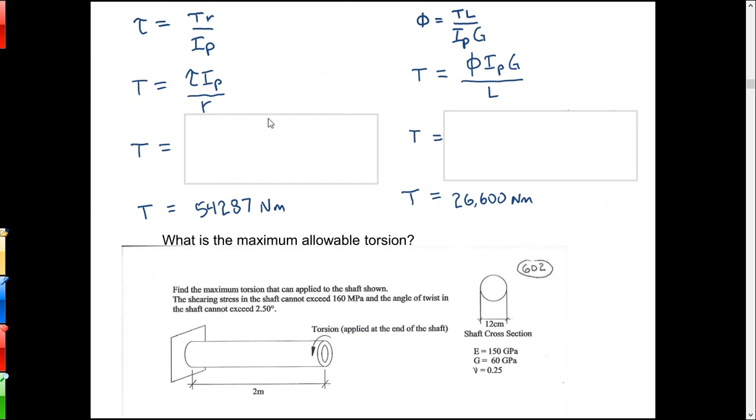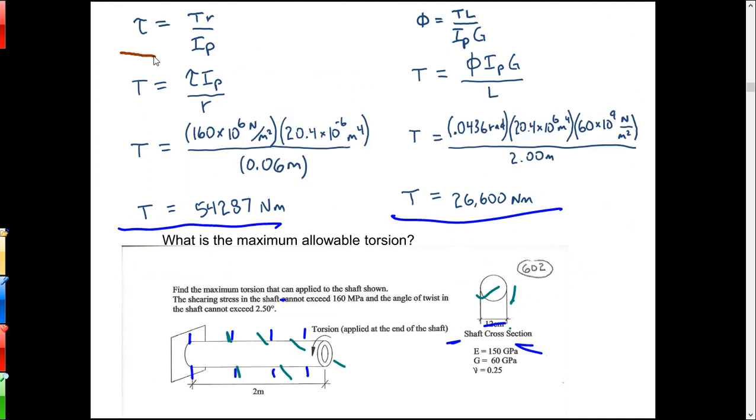Okay, now we've got our two basic formulas. The shear formula: tau is TR over I. Solve it for T, and it's tau I over R. We're doing this because we know the shear stress, and we want to solve for what torsion would be required to cause the maximum allowable shear stress.